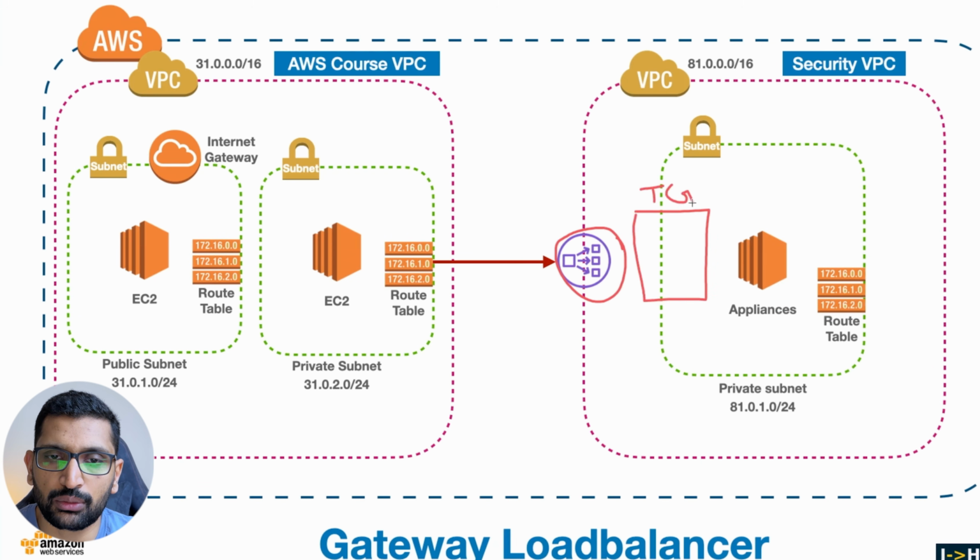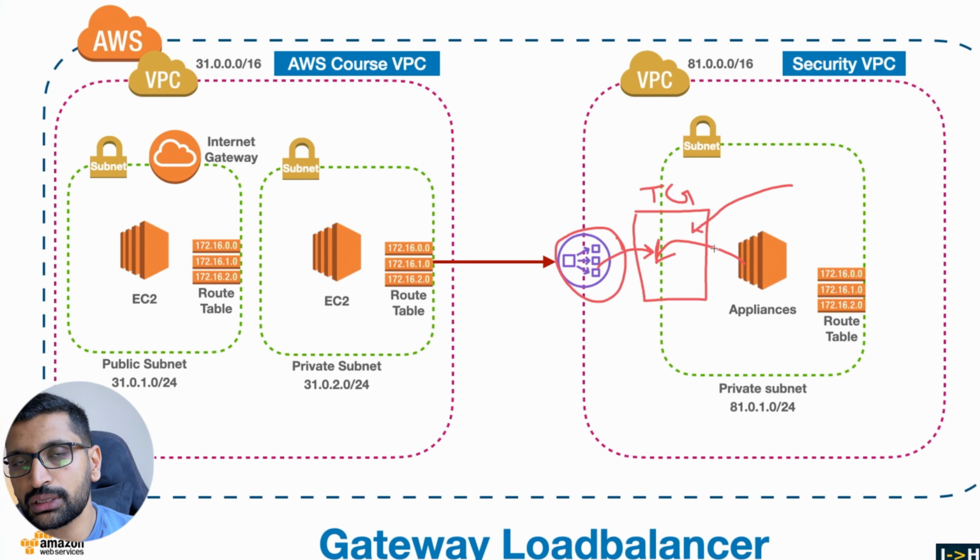In this target group, we are going to put this particular EC2 instance so that the gateway load balancer can point to this EC2 instance through the target group. And this target group can contain multiple EC2 instances. Right now I'm just doing the demo, so that's why I'm putting only one EC2 instance, but it can have multiple EC2 instances. And everything will work in this security VPC.